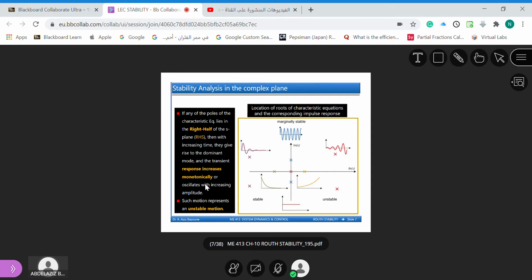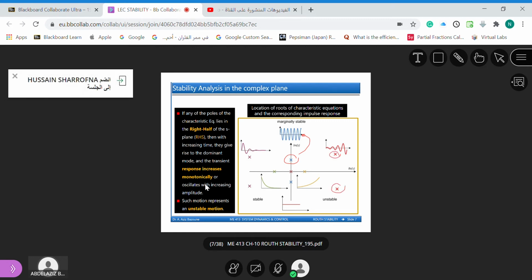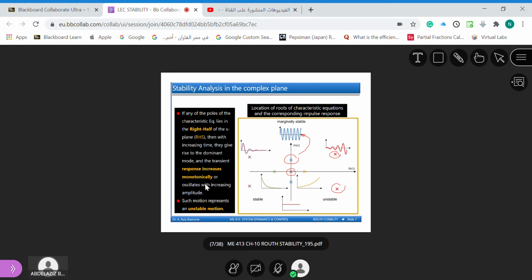So this location is extremely important. For example, if the pole is on the imaginary axis, this is what you have: marginally stable. If the pole is located here or here, the behavior will be like this. It will increase with time. If the pole is at zero here, the response will be constant.